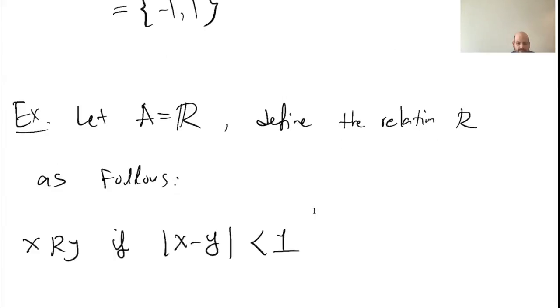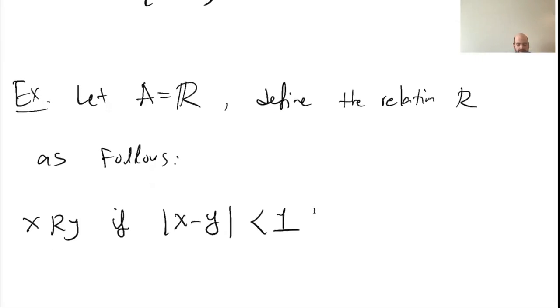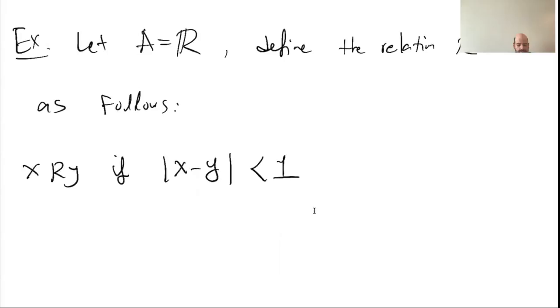So in this type of relation, two elements are in relation with each other, or x R y, if |x - y| is less than 1. Okay, this is how we define this relation. Now, is this relation an equivalence relation?